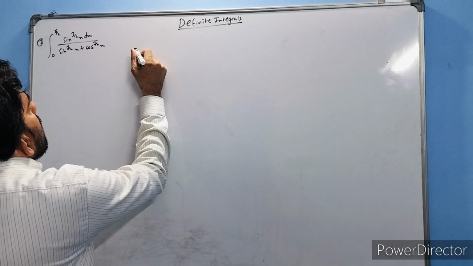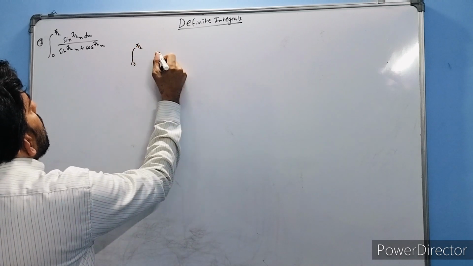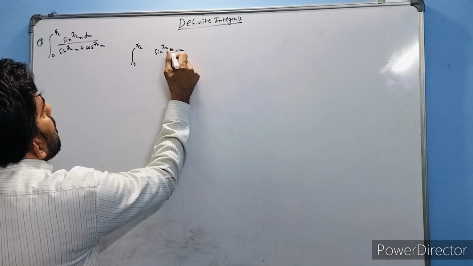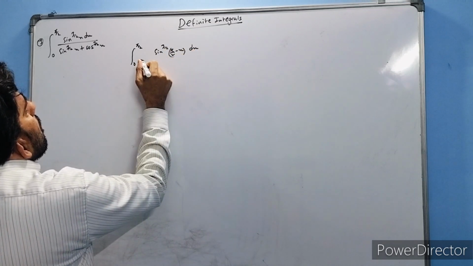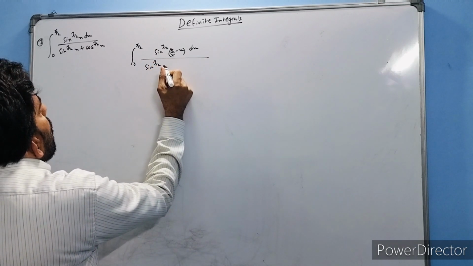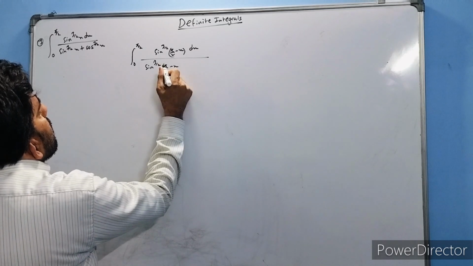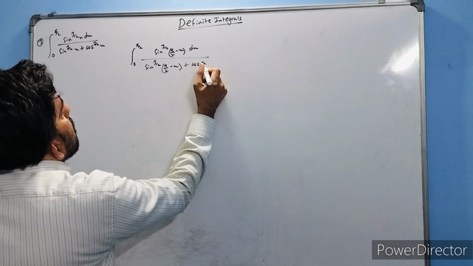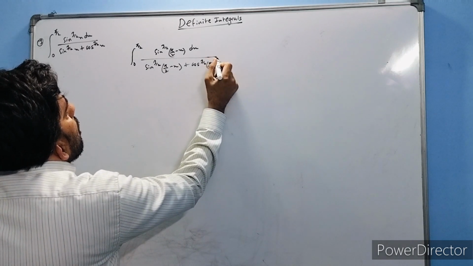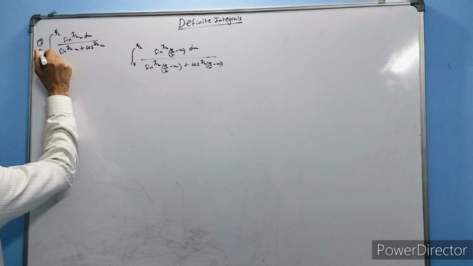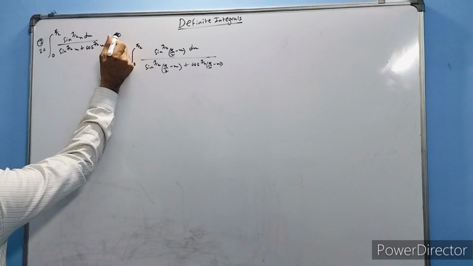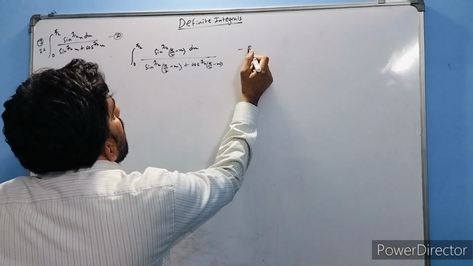We'll try to evaluate this definite integral based on the property. Which property will apply? Let us see. From 0 to pi by 2, we can write sin^(3/2) (pi by 2 minus x) dx upon sin^(3/2) (pi by 2 minus x) plus cos^(3/2) (pi by 2 minus x). This is the first one and this is the second one.